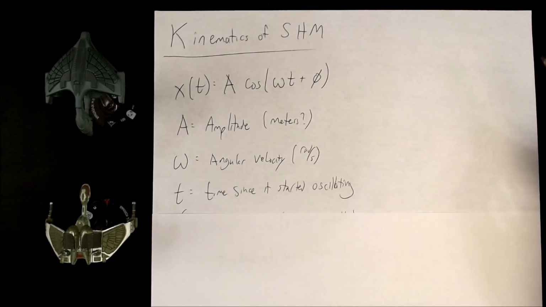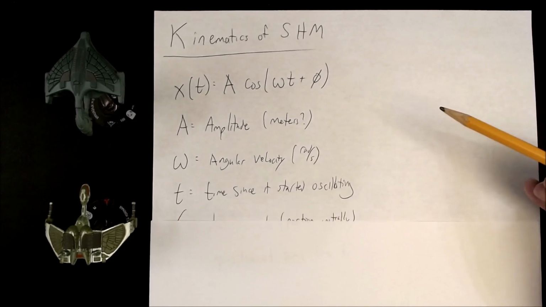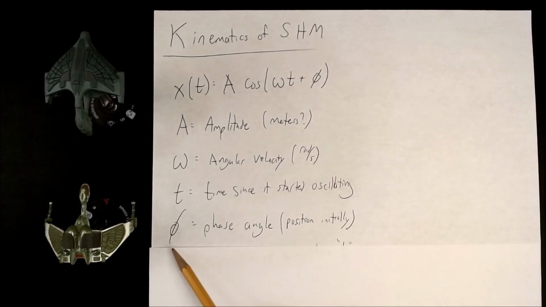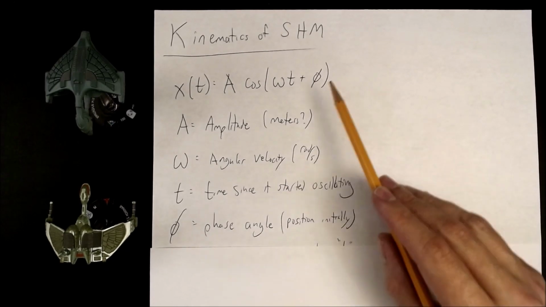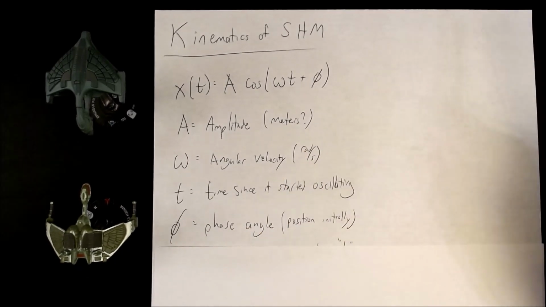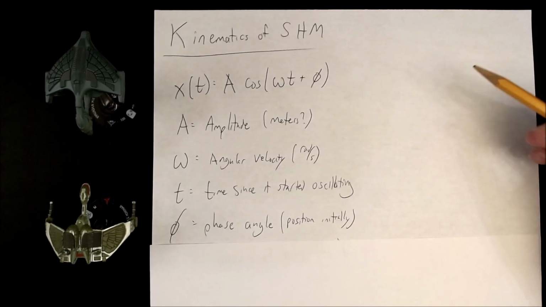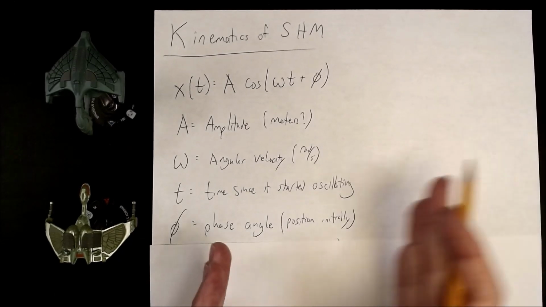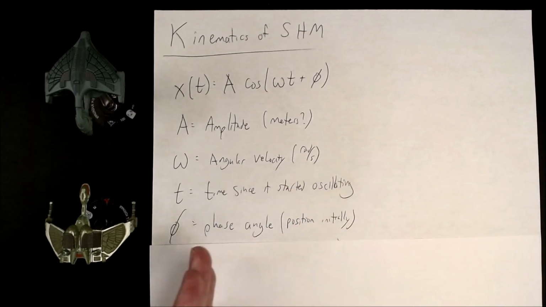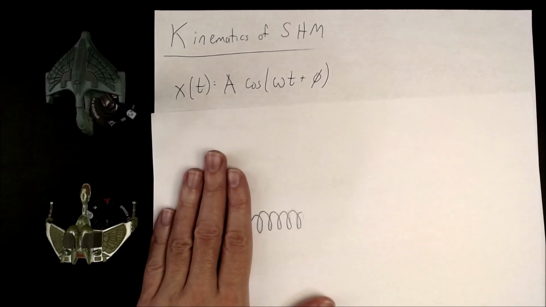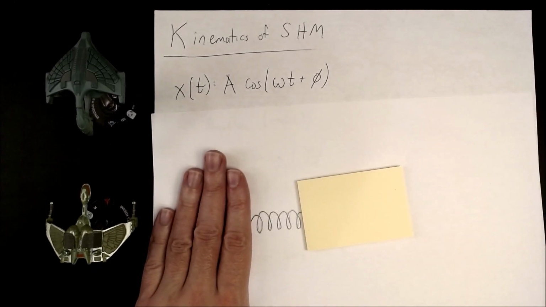T is the time since it started oscillating. Phi is that symbol. That is the phase angle, which is the initial position. You might not start all the way over to one side or all the way over to the other side, using this example again. You might not start in the middle.